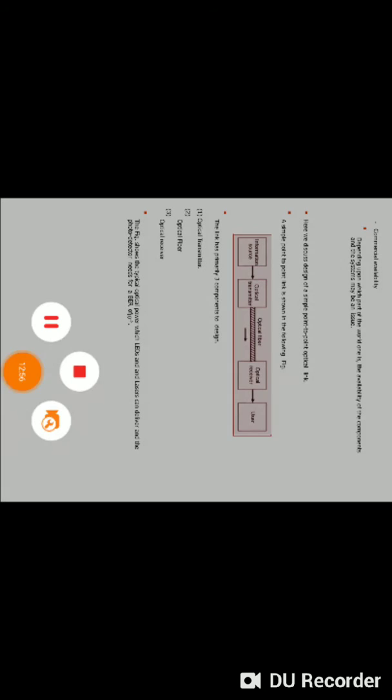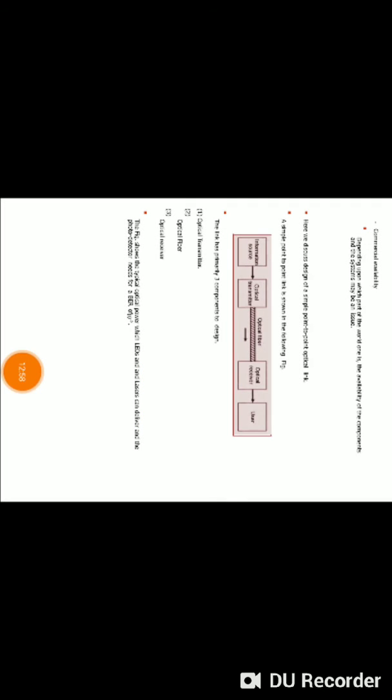And last parameter it is commercial availability. Depending on which part of the world one is, the availability of the components and the system may be an issue. So whatever system we are going to use, whatever components we are going to use for design of optical link or design of optical communication system, that should be available, or commercially the component should be available.